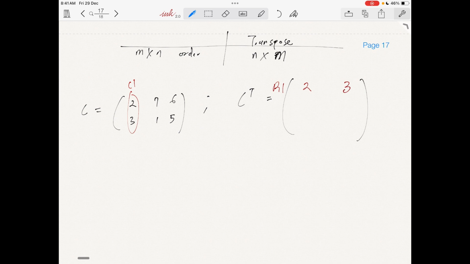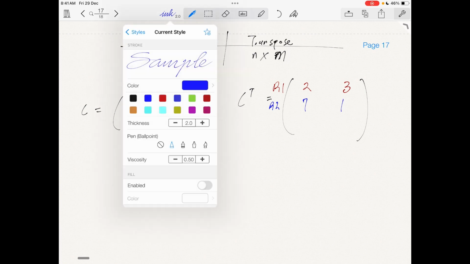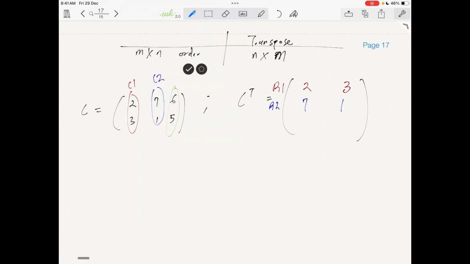Then we take the second column, column 2, which gives us the second row, 7, 1, and we take the third column, column 3, which gives us the third row, that's 6, 5. So transpose is as easy as that.